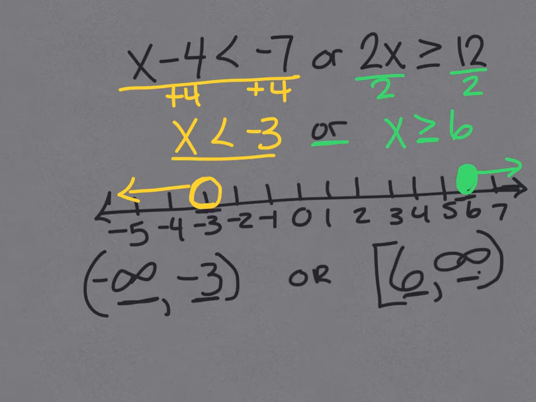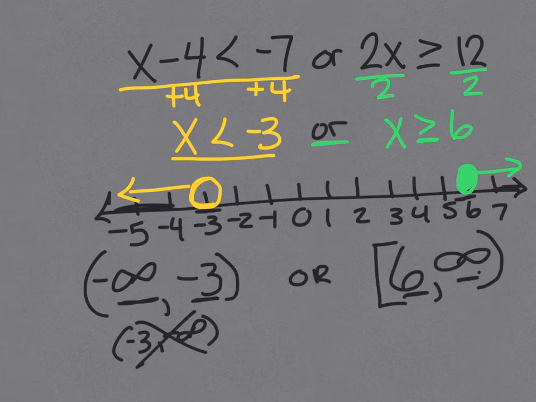So that's why I wouldn't put the negative infinity first. This would be wrong. You need to put it in the same order that it is on your number line.